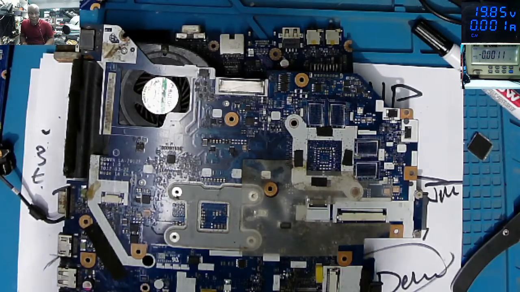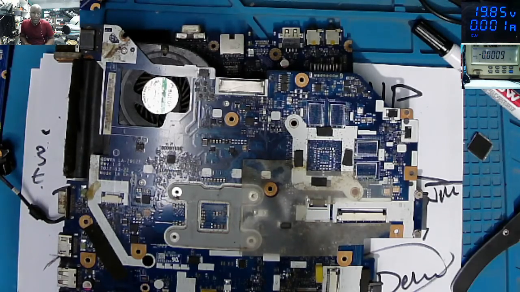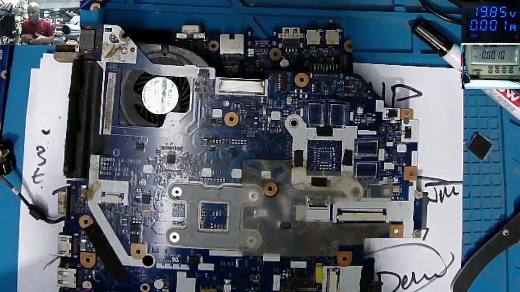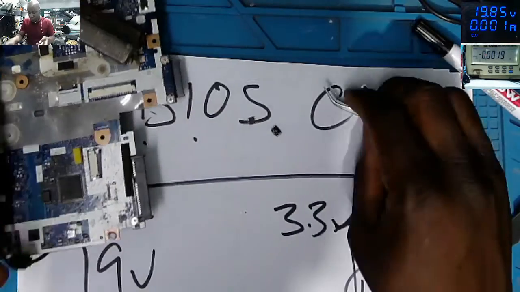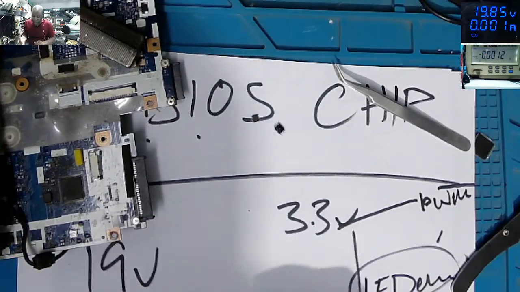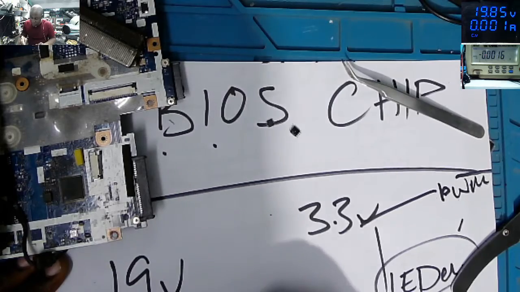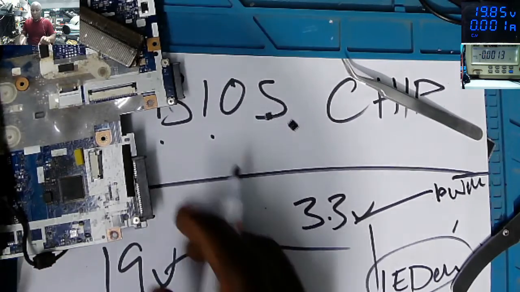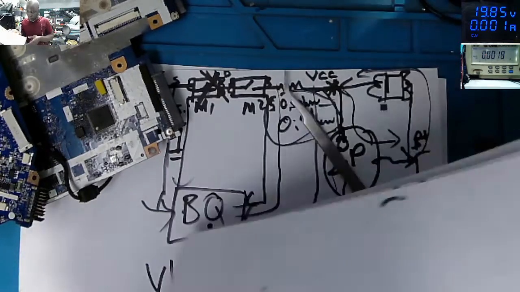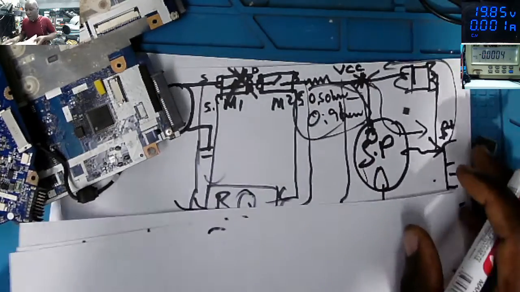You have all the voltage, the motherboard is not turning on. Check the power button. Because the way the power button is working, a power button is a switch.